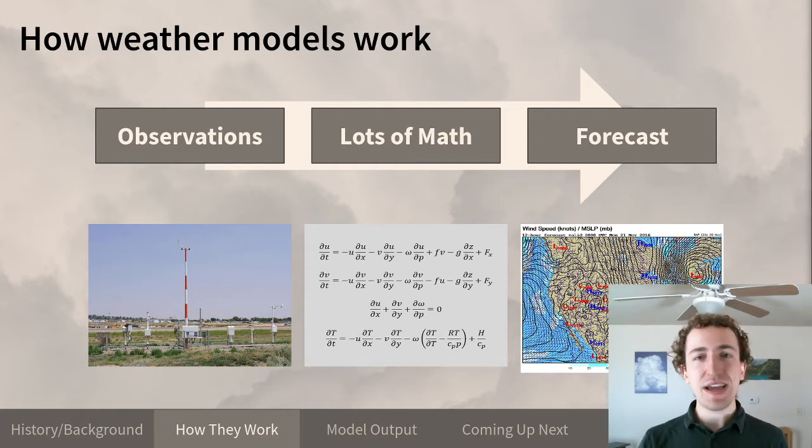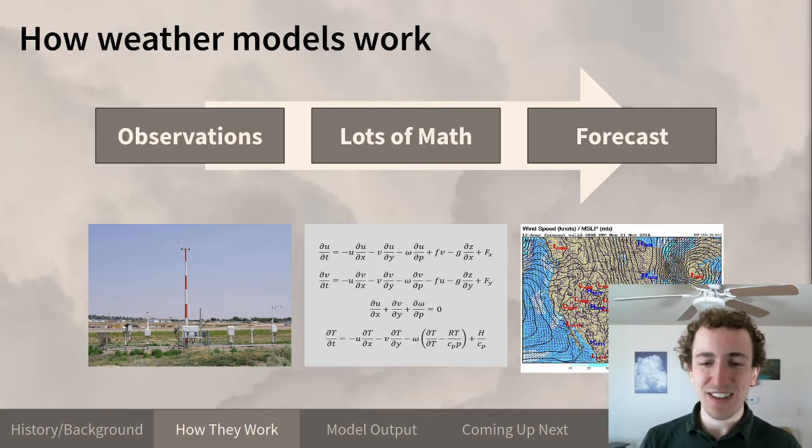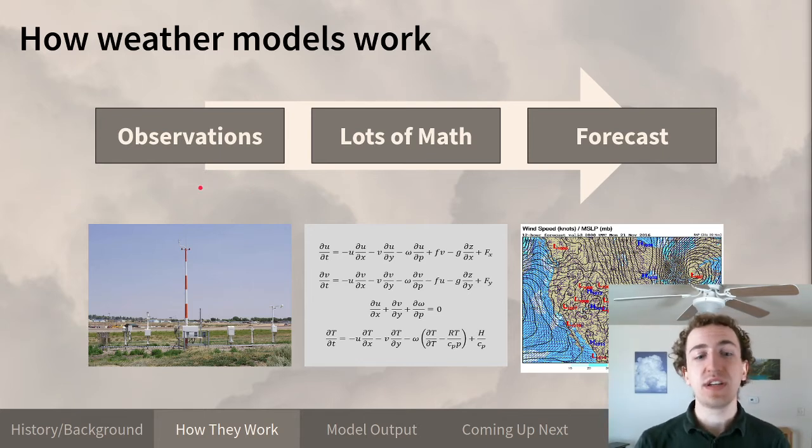So getting into the basics of how a weather model works, I like to think of it sort of as these three categories. We have to start somewhere. So we start in real observations to get an idea of where we have to start off a weather model. Then there's a lot of math, a lot of math. We won't be talking about the details of the math in this course at all.